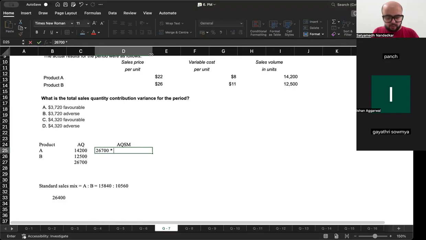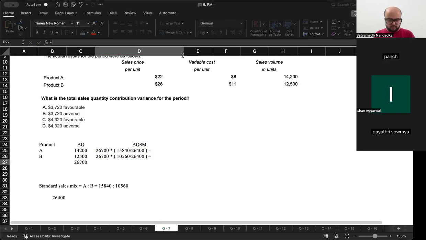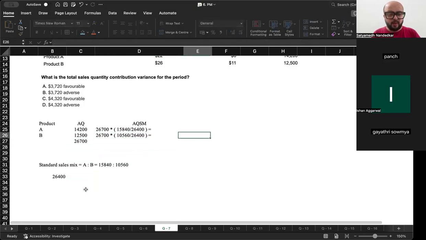ये कैसे करेंगे? So 26,700 into 15,840 upon 26,400 and 26,700 into 10,560 upon 26,400. चलो calculate and tell me. Oh, 26,400 नहीं है, 26,700.